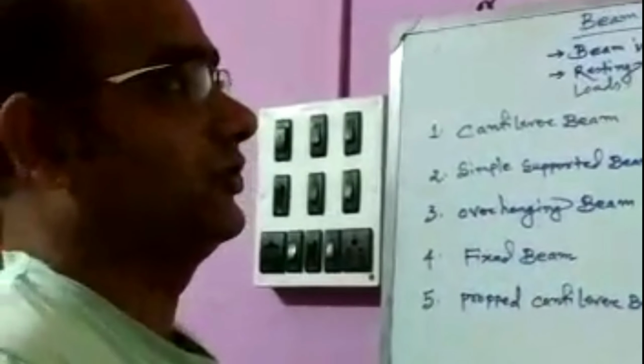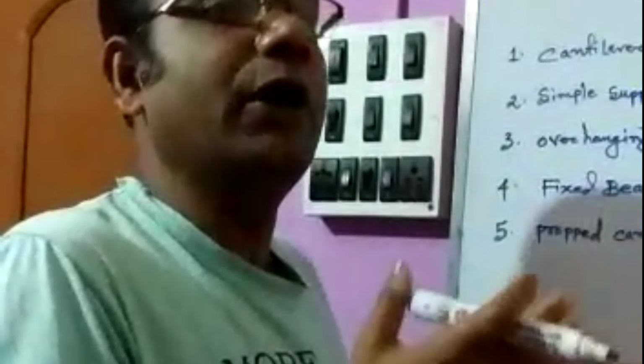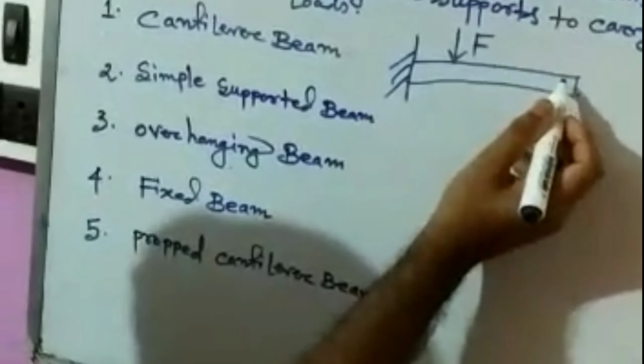In this cantilever beam we can apply various types of force. First of all, we can apply a point load. At any point you can apply a point load. Suppose force F is applied at this point, or at any point.